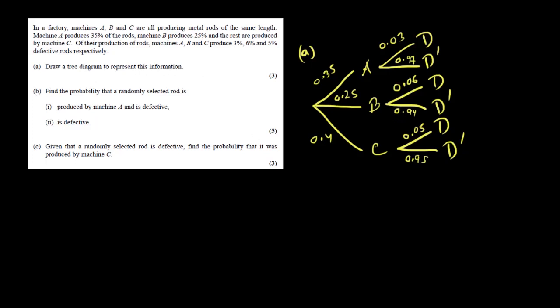Now the next question is, find the probability that a randomly selected rod is produced by machine A and is defective. So this is basically A and D. The probability of machine A is 0.35, and means multiplication, the probability of being defective is 0.03, and by that we can calculate the probability.